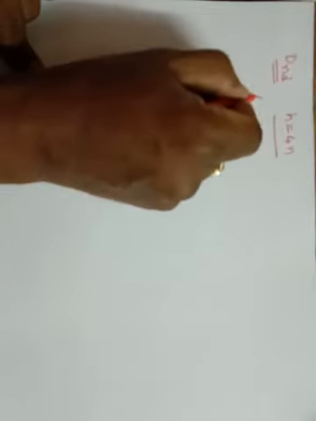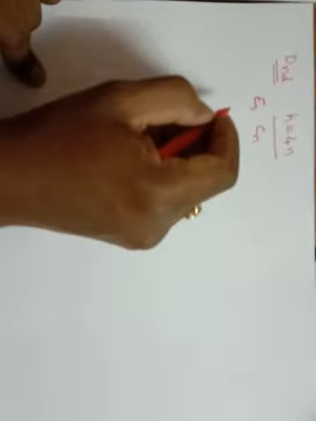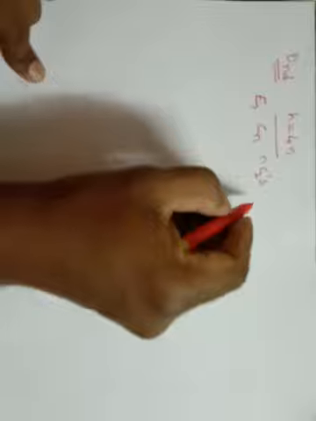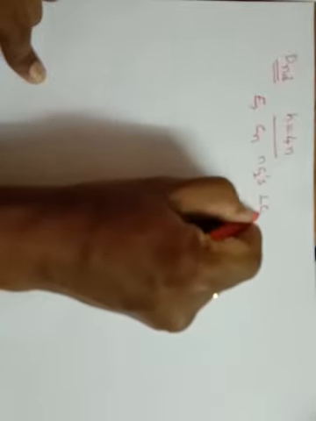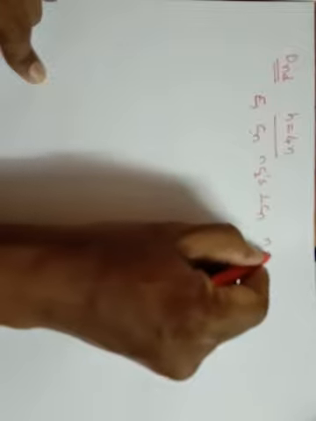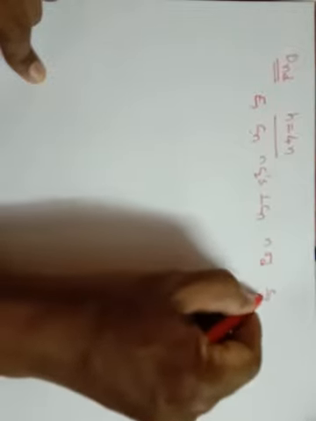The symmetry elements which are present in case of the DnD point group are identity, Cn rotational axis of symmetry with n number of C2s perpendicular to the Cn principal rotational axis of symmetry, n number of sigma d's, and S2n improper axis of symmetry.